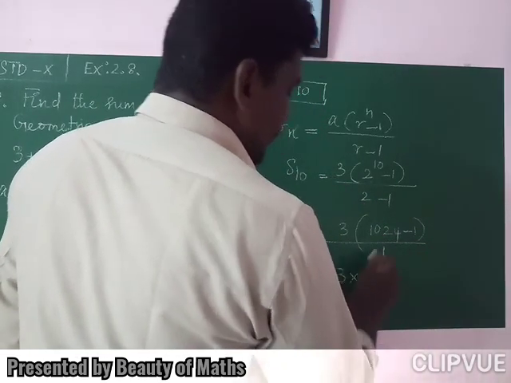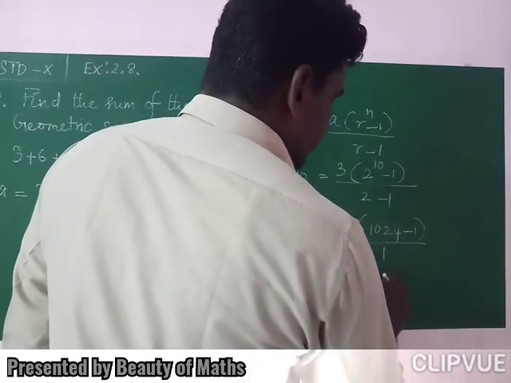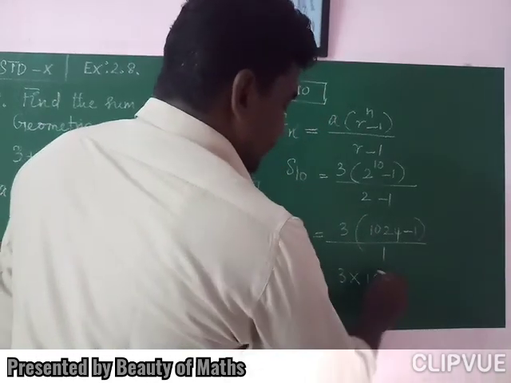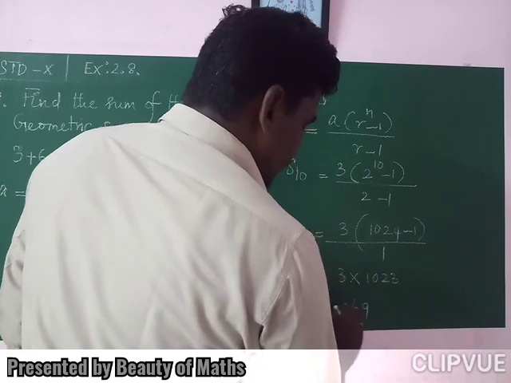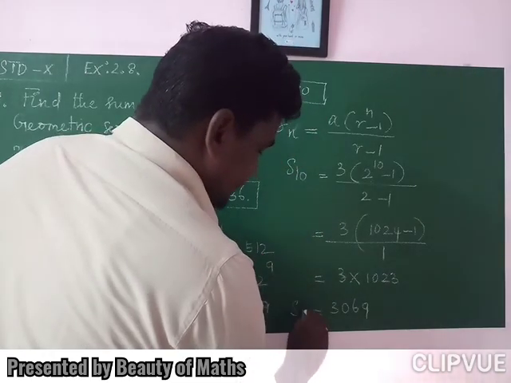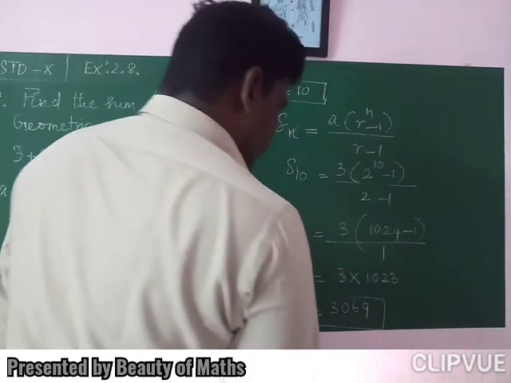So 3 into 1023 gives 3069. So S10 is equal to 3069.